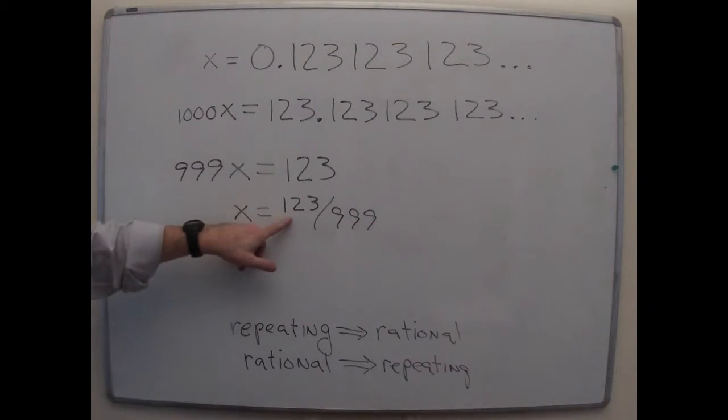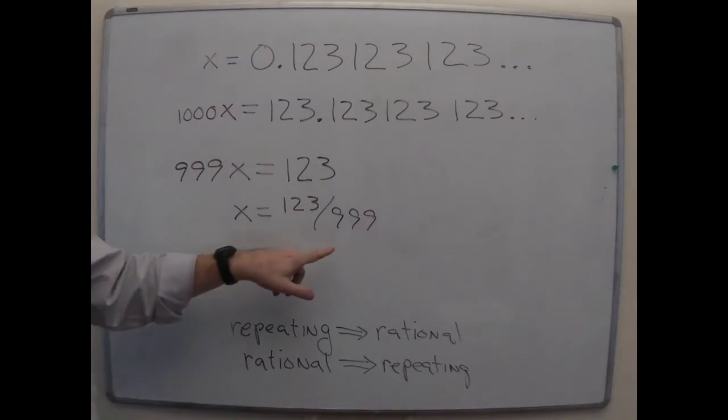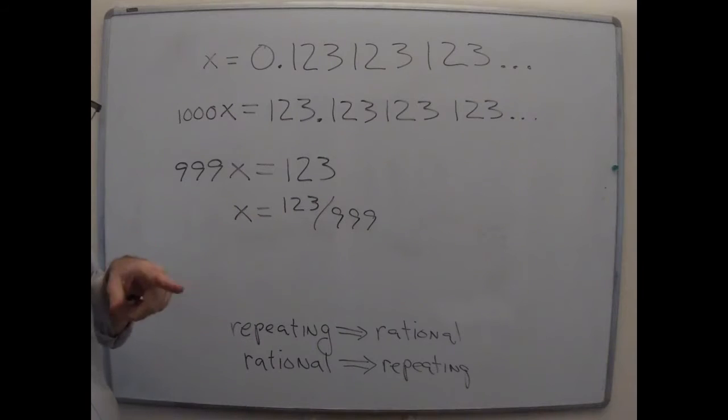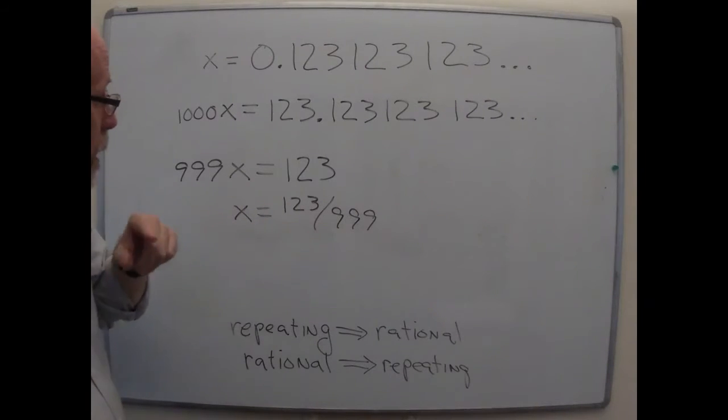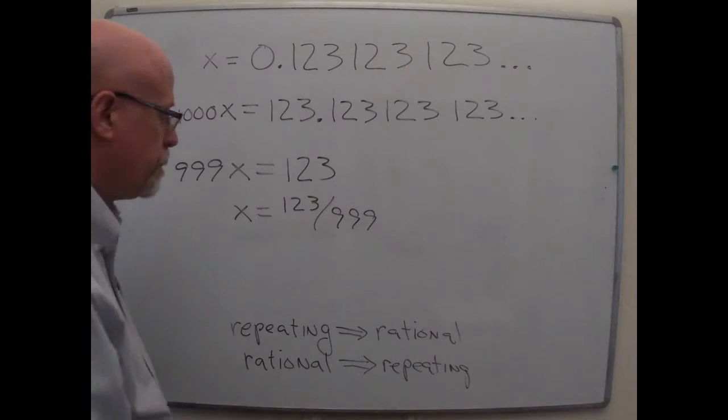That's an example of a fraction that's not in lowest terms. You can tell because if you add up these digits, you get 6, so that's divisible by 3. Add up these digits, you get 27, also divisible by 3, actually divisible by 9. But that's enough. You know there's at least a common factor of 3 between them.